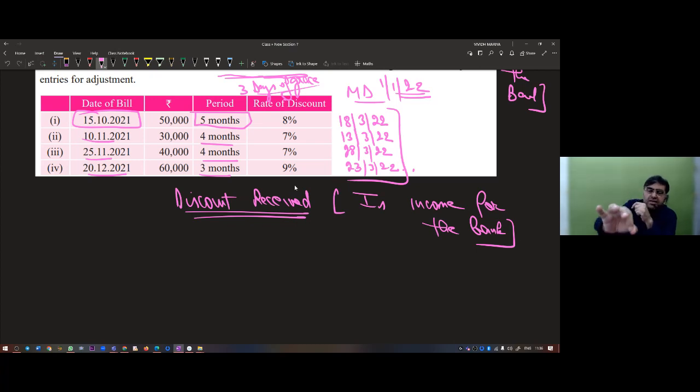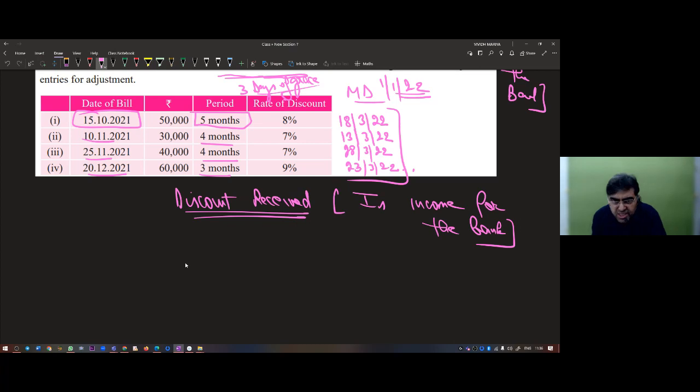On this bill discounted, the bank has earned the money, but this has not expired. So don't call it interest earned, call it interest unearned from January till the maturity date. The interest for the remaining days of October, November, December is earned. Interest for the period January, February and 18 March is not earned.